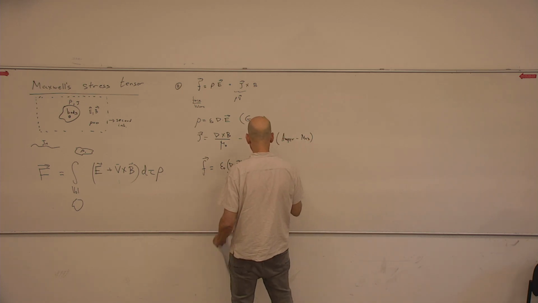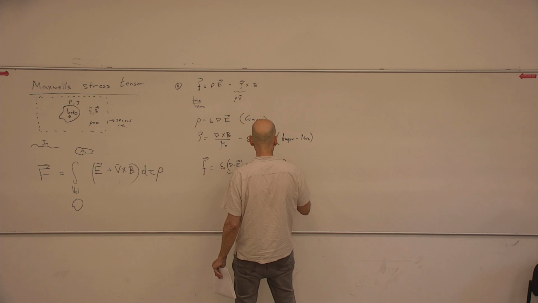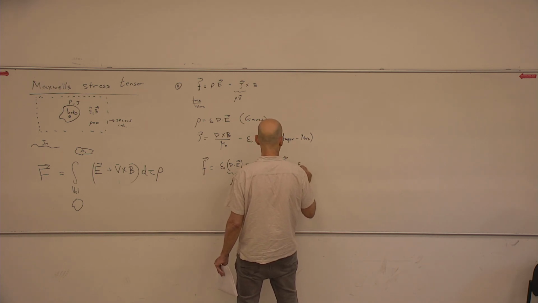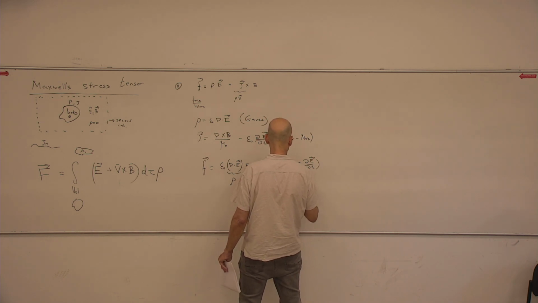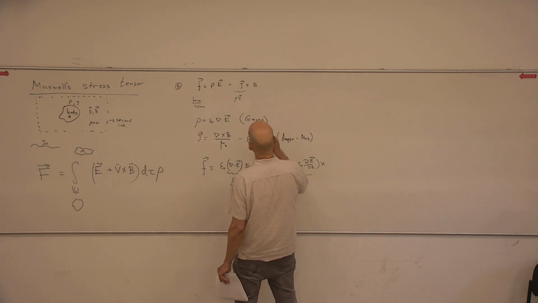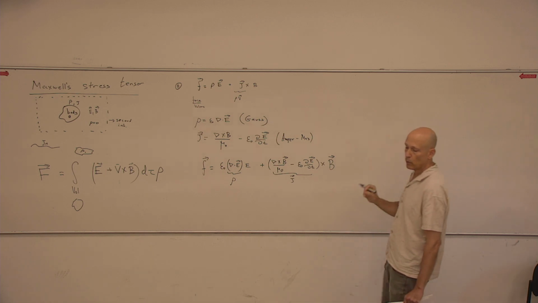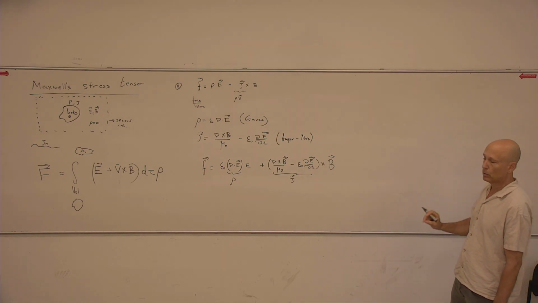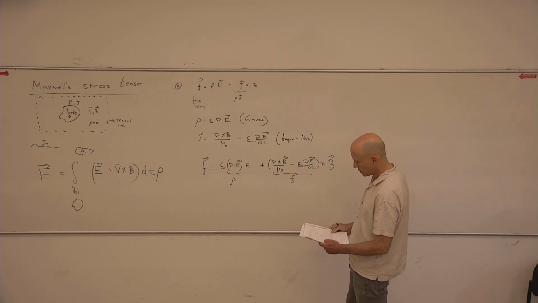It will become much worse. Then I have here, I just copy, rotor B over mu0 minus epsilon0 dE/dt. All this is simply J cross B. Where does this cross come from? From the definition of a force on a moving particle, like in high school. Okay, so this is this F.